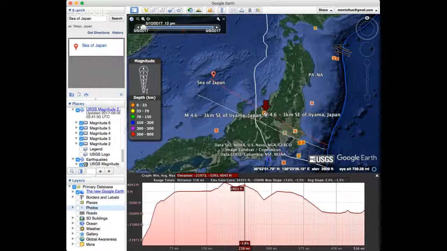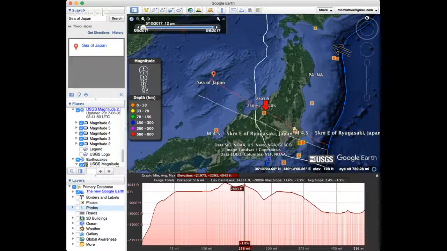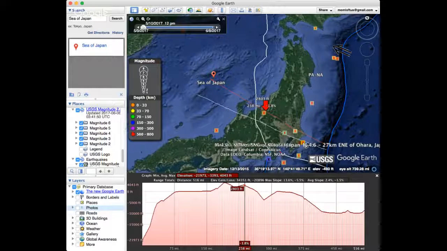Well, as I'm looking at these, all of these earthquakes that are on the same side as the ocean, as the Marianas Trench, except for maybe that one, are slightly smaller earthquakes than the ones on the Sea of Japan side.